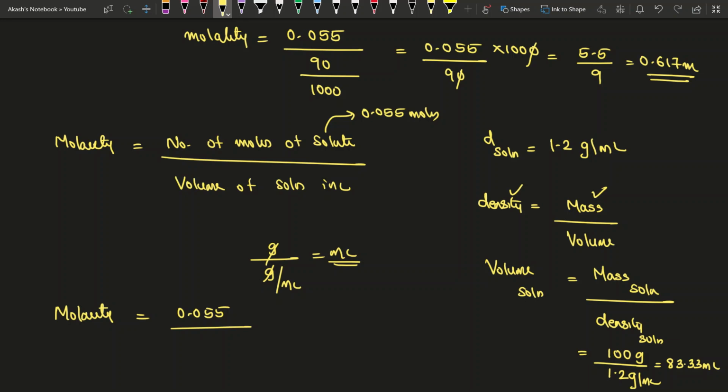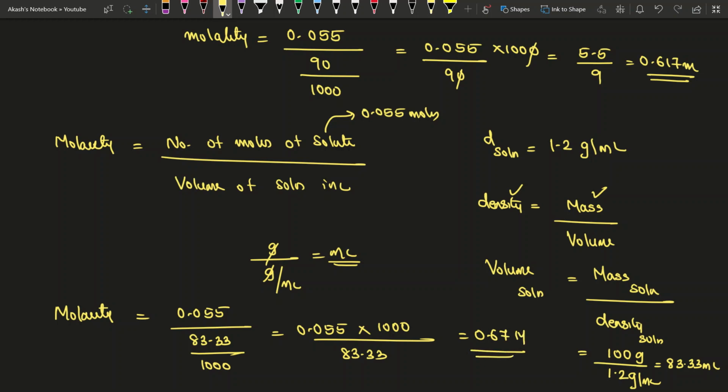Since the volume is in ml, that is 83.33, and in order to convert to liter you need to divide it by 1000. So you will get 0.055 into 1000 divided by 83.33. It is going to be 0.67 molar. So the molality is 0.617 molal.